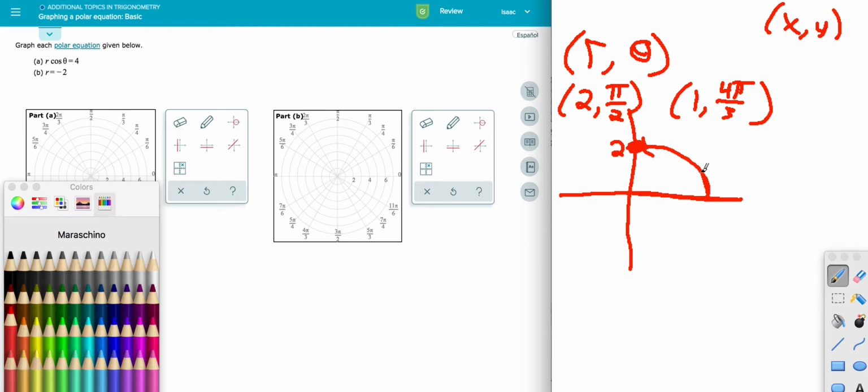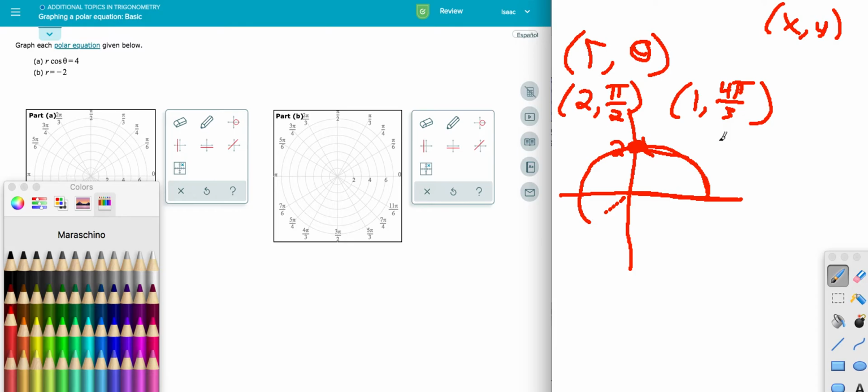Probably too late at night for me to be doing that. Yeah, 240 degrees. That lands us somewhere in the third quadrant, and then we're 1 unit away. So if this distance here was 1, this would be (1, 4 pi over 3). It's 1 distance away from the origin, and it's a rotation of 4 pi over 3.